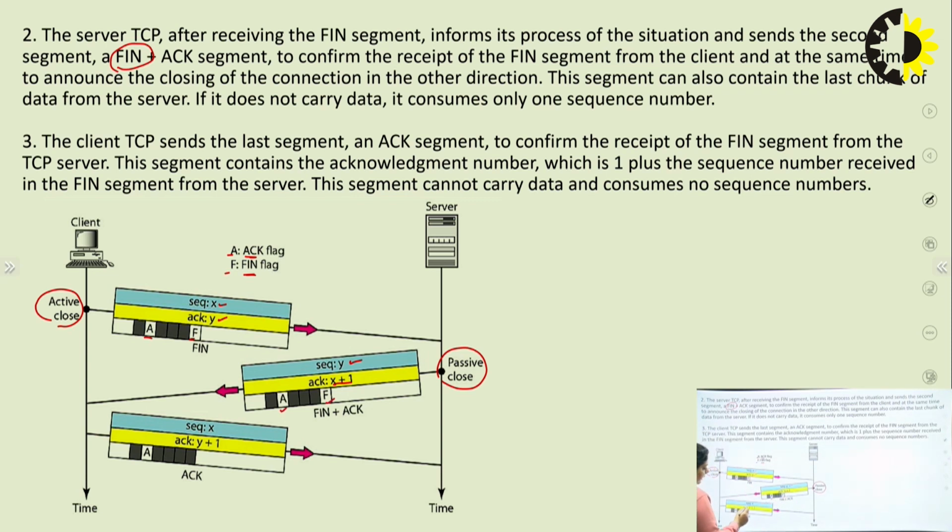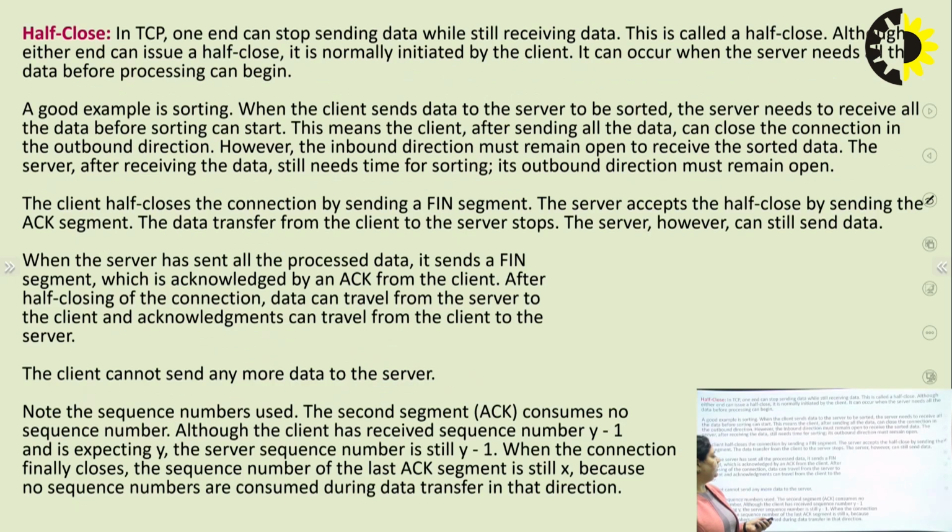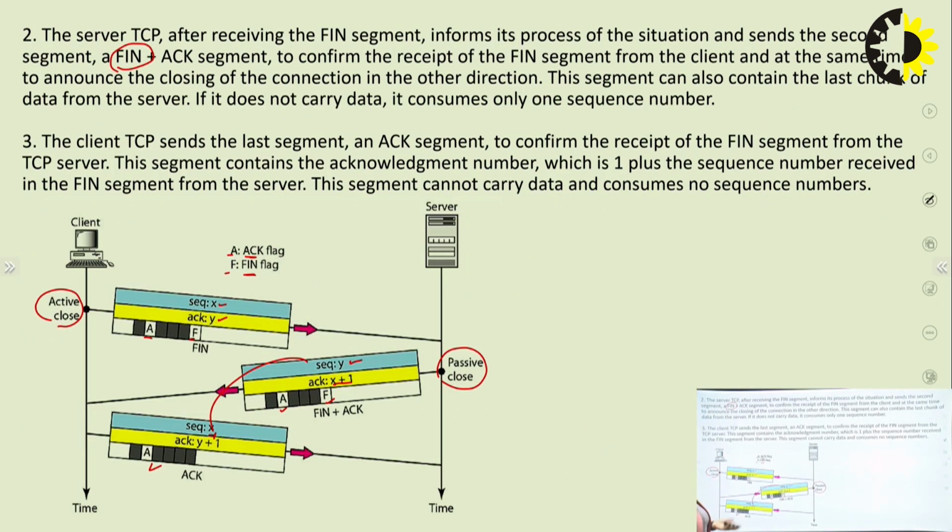And at last the client sends the sequence number X with acknowledgement Y plus 1, incremented by 1, and it is only the acknowledgement packet with the imaginary byte 1. So it is sending the last packet, that is the acknowledgement packet. This is the example of how the TCP connection termination is done.